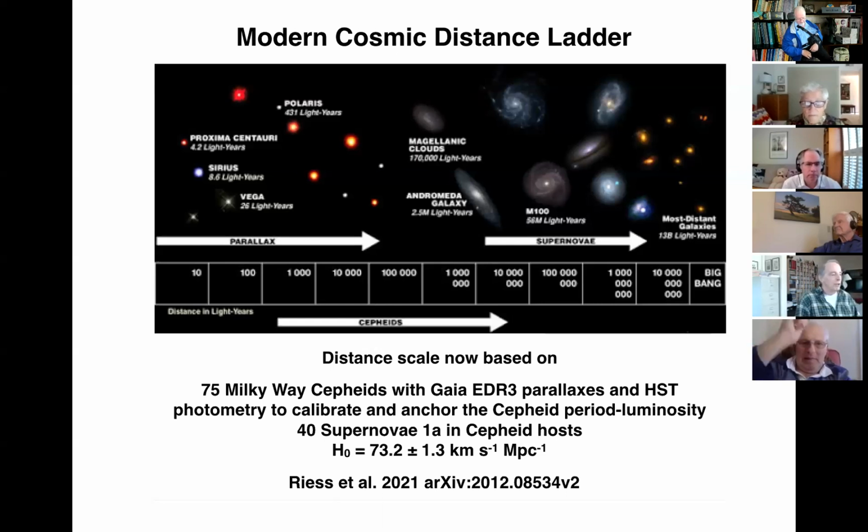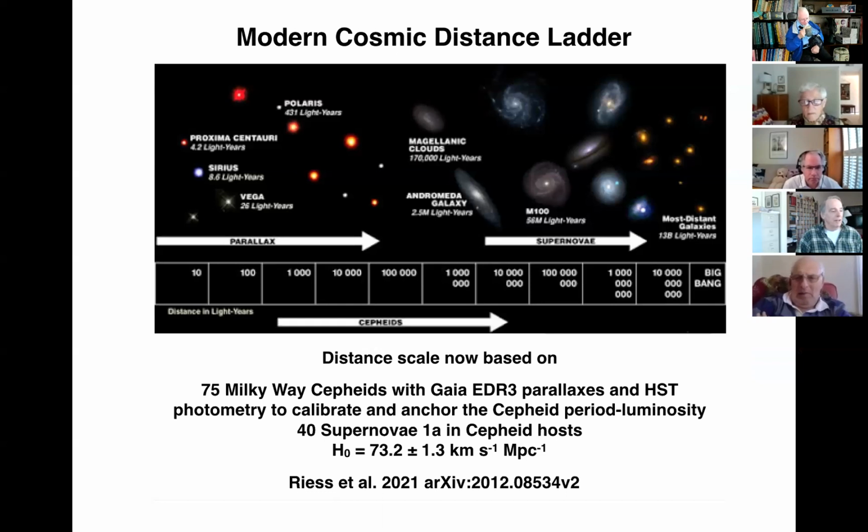relies pretty much on three steps. The first one being the parallax, which was greatly aided by the Gaia satellite, enabled it to get well into the region where Cepheid variables were located, and that these Cepheid variables could be calibrated, and they then were used to calibrate the third distance indicator, which were the type 1a supernovae.